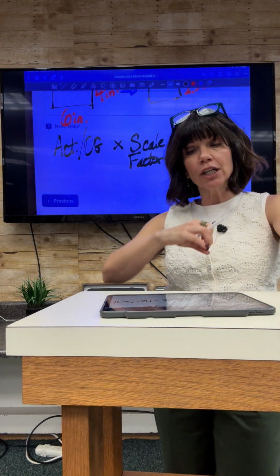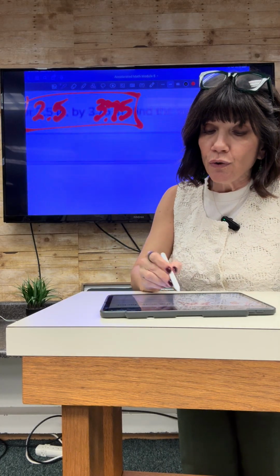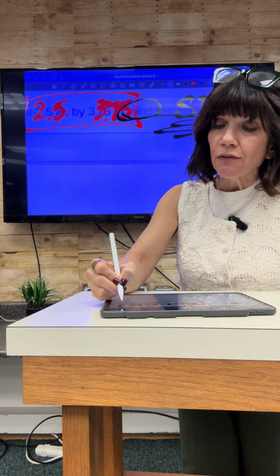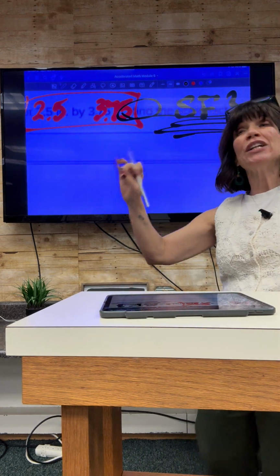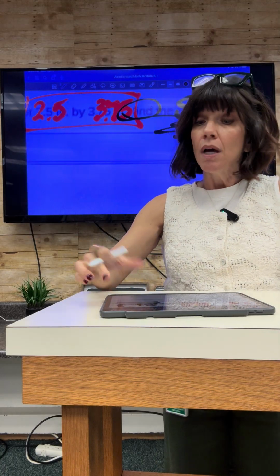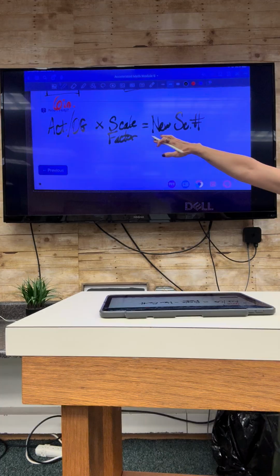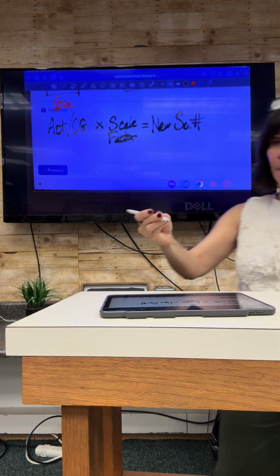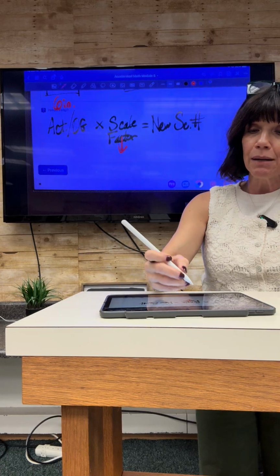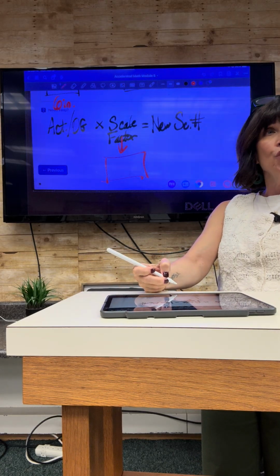So in this particular situation, they're asking you to find the what? The scale factor. So which amount is it that we do not know? The scale factor. So underneath your equation that you've written out here, please draw an arrow under scale factor and make a box for the amount you do not yet know.